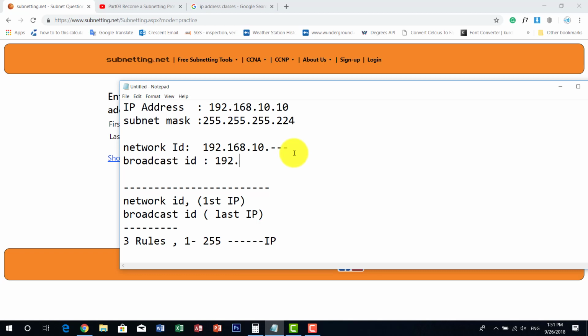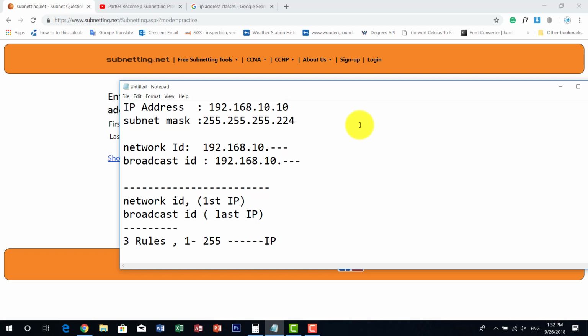The broadcast ID is the same. If you have 255, you can use the IP address straight away. And because we don't have 255 or 0, we have to do a little calculation to find out the last number of the IP address.